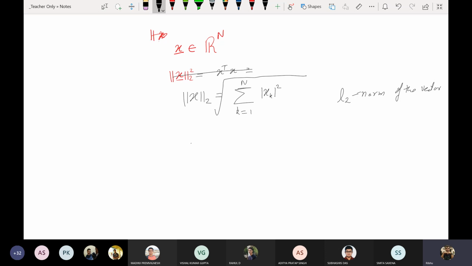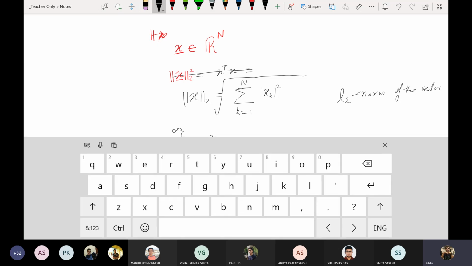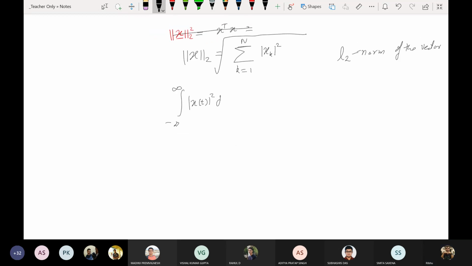Equivalently, this thing, the integral of x(t) squared from minus infinity to infinity dt, is called the energy.